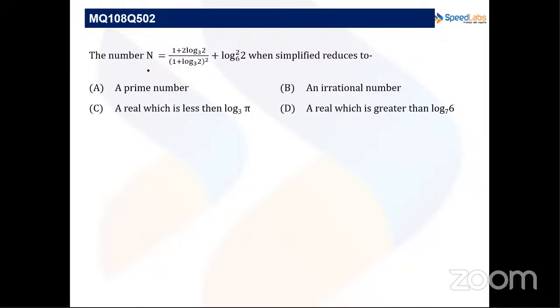Our next question is, we are having a number n which is equal to 1 plus 2 log 2 to the base 3, whole upon 1 plus log 2 to the base 3 whole square, plus log 2 to the base 6, and that's whole square.